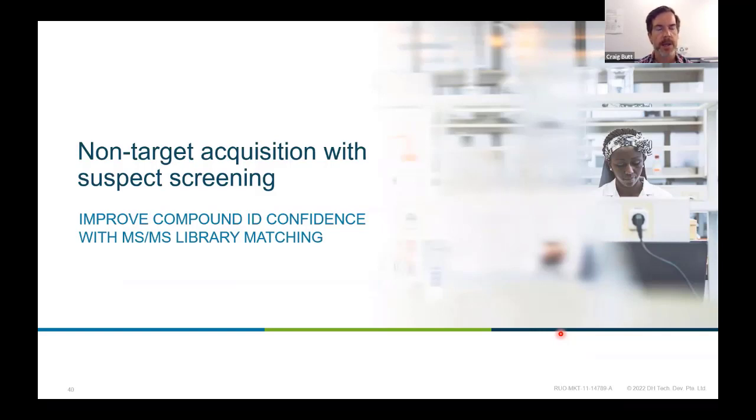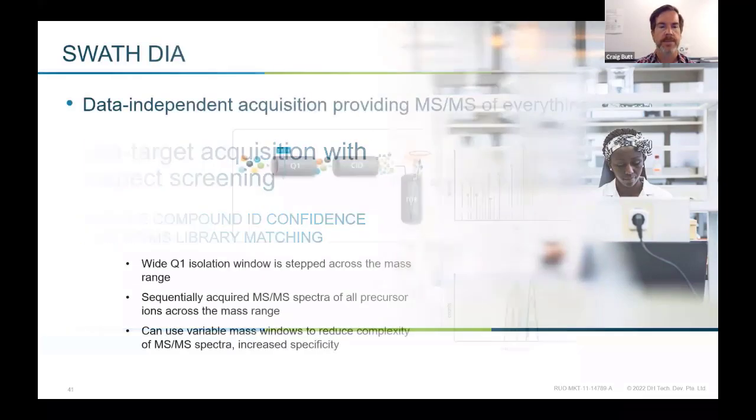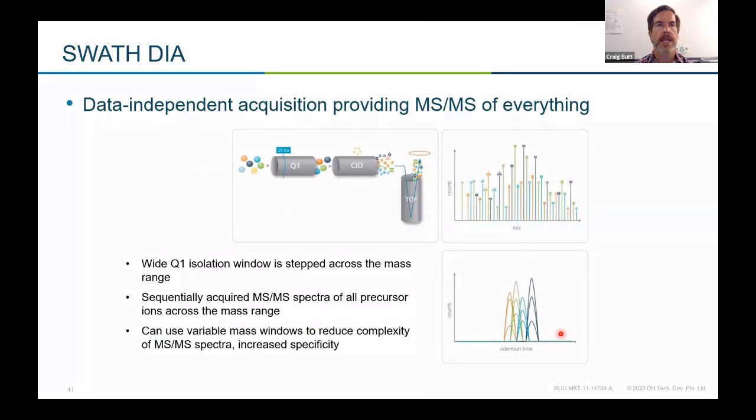So now we're going to talk about something a little bit different. We're going to do non-target acquisition, and we're going to use a fragmentation pattern, much like you would with a puzzle, to confirm the identification of what we're actually detecting. In this case, I won't bother to dive into all of the details of how this works, but we use a technique called SWATH, data independent acquisition, and this is used to generate the MS/MS spectra.